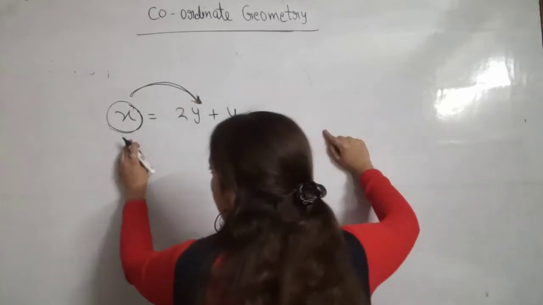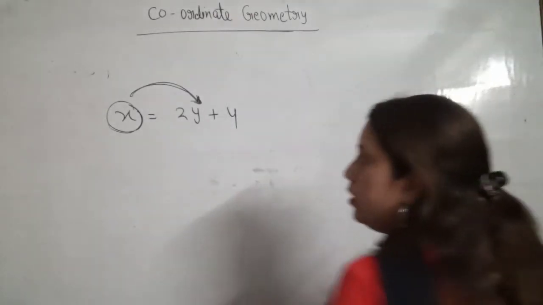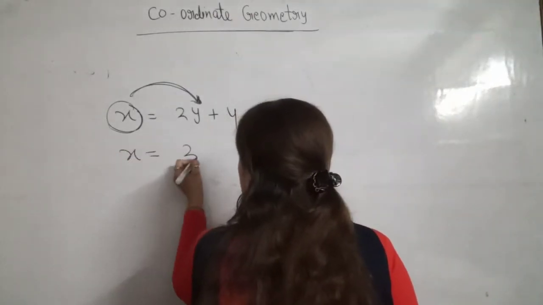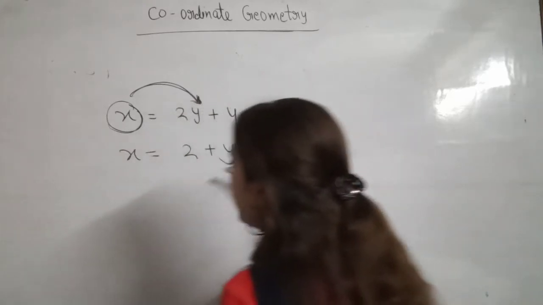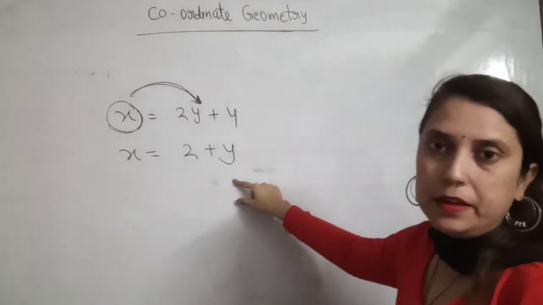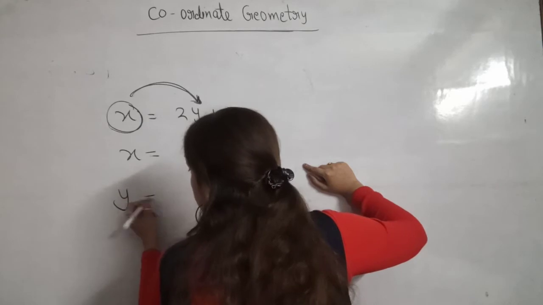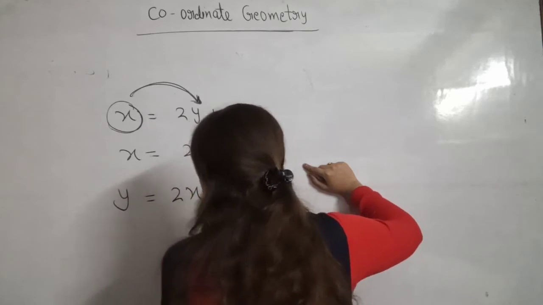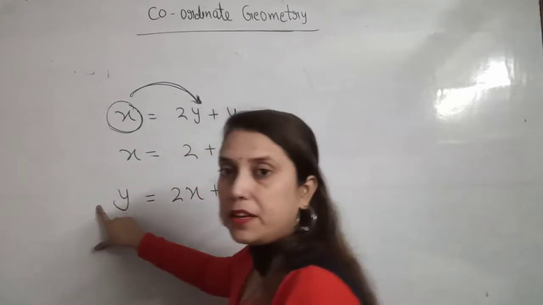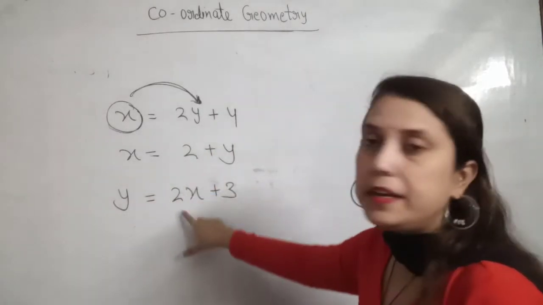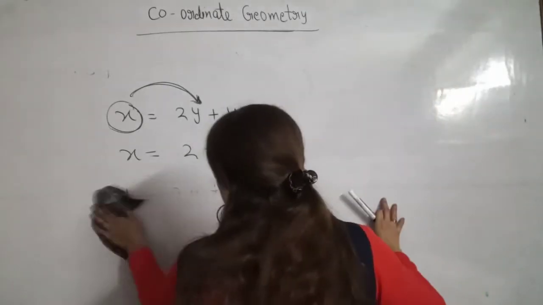So x is called the dependent variable and y is called the independent variable. Suppose we have the equation y is equal to 2x plus 3. So y is called the dependent variable and x is called the independent variable. Now the next topic is ordered pair.